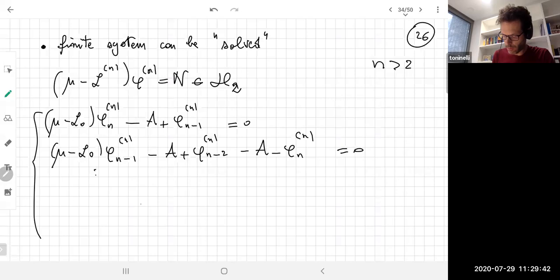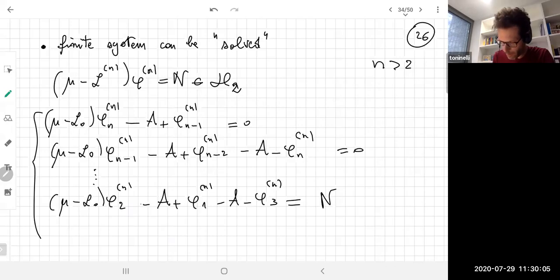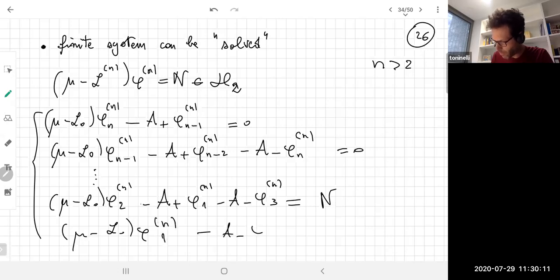And then you go on, you reach the chaos 2, which gives you mu minus L0, I'm copying, otherwise I will never write it correctly, minus a plus phi n1 minus a minus phi n3. Now the right-hand side gives you n, because that is in the second chaos, and then there is a final last equation, which is mu minus L0 phi n1 minus a minus phi n2 is 0.